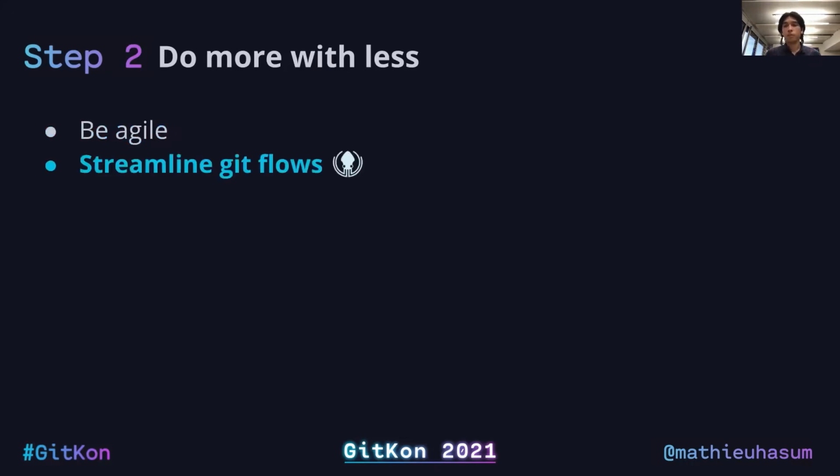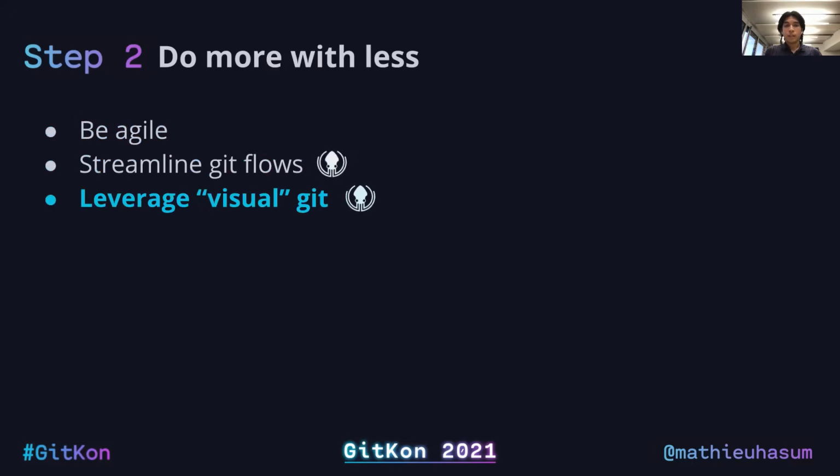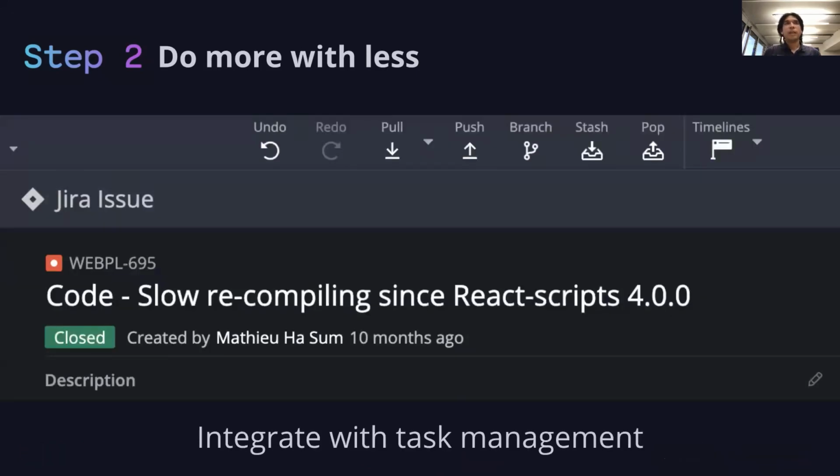Optimize the Git flows. And I'm going to give some ideas, again, examples of how visual Git can help. And okay, I don't want to turn this talk into an advertisement for GitKraken, because what matters is the concept of Git UI. But to be honest, at the end of the day, I mean, GitKraken is really amazing.